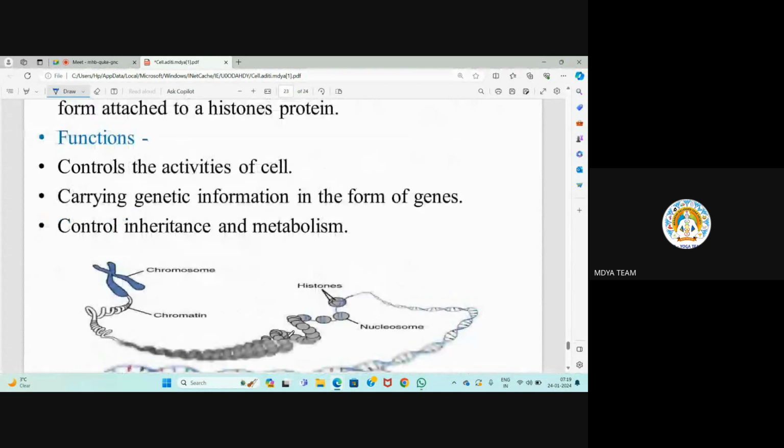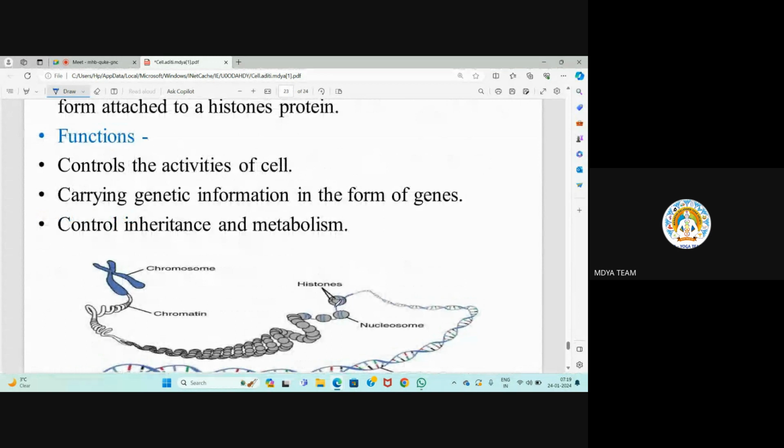You can see here, with this histone protein, chromatin is attached.